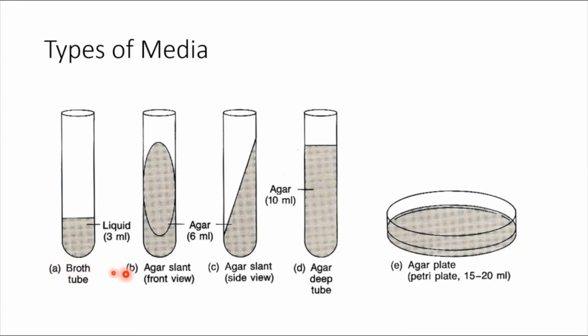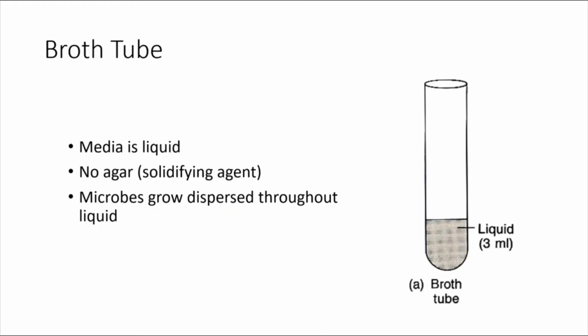The difference between a broth tube and the Agar slant and Agar deep tube is that the broth tube is liquid, while these other two tubes have a solid medium. So let's take a look at these different types of media one by one. The broth tube has a liquid nutrient media, meaning that it is mainly composed of water, but with nutrients mixed in that are required for microorganisms to grow.